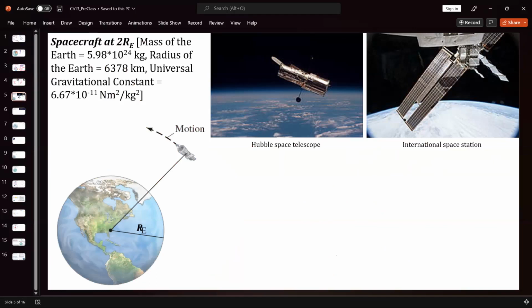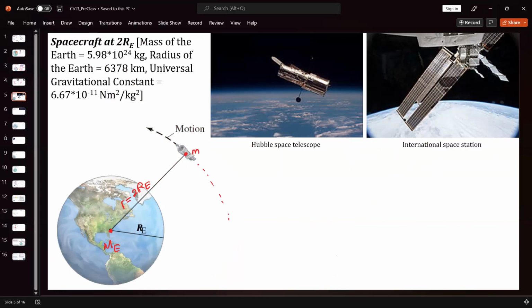So let's consider I have a satellite in motion on this orbit. Let's consider this orbit is about 2 times the Earth radius, 2 times the small r. We are always measuring from the center of the Earth, where we think the mass is concentrated, to the object. The object has a small mass.